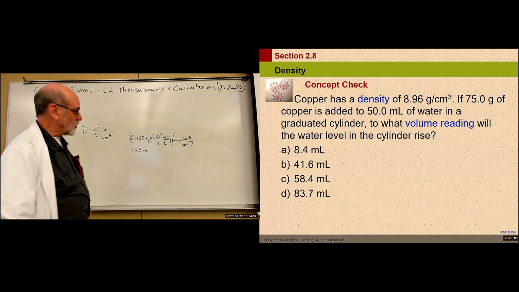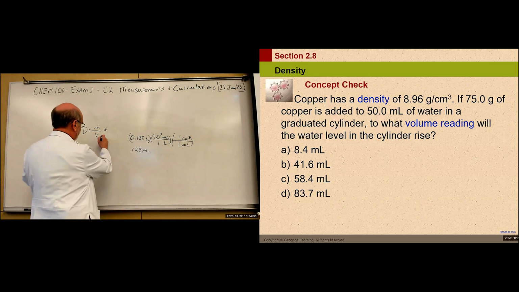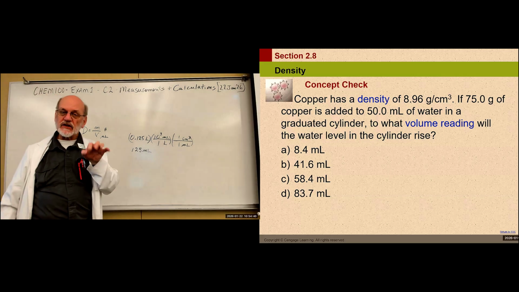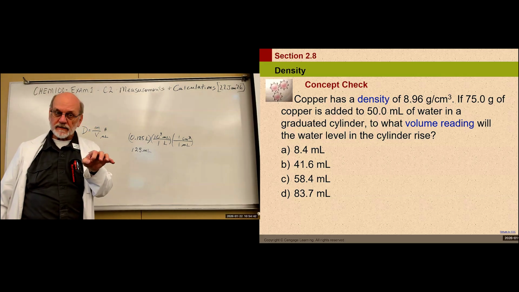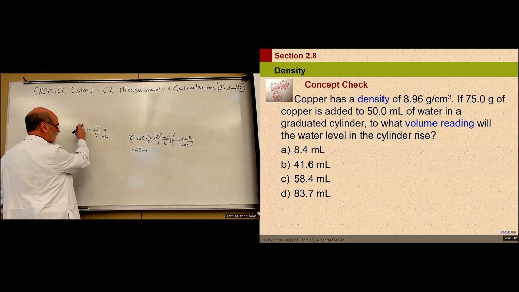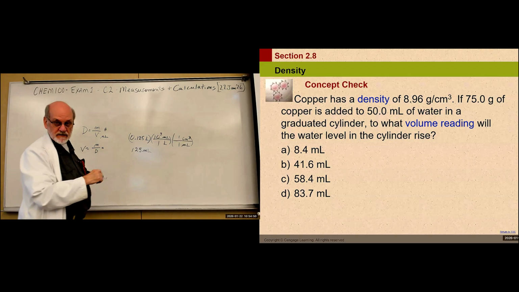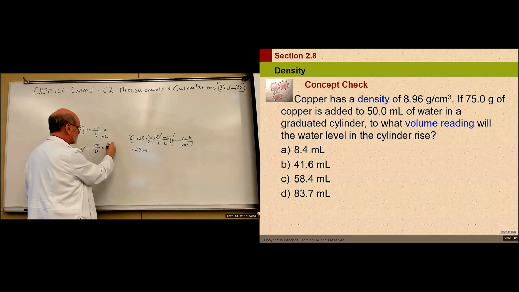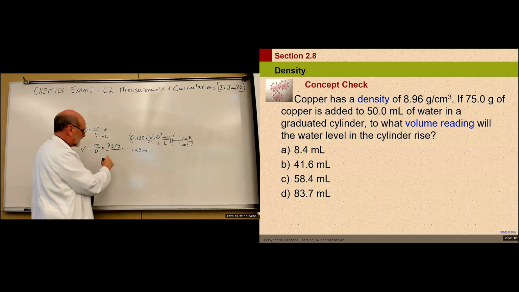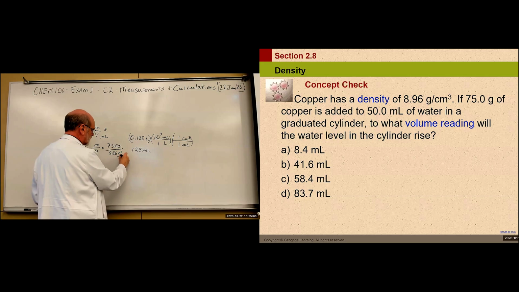Okay, so we're going to use this to find out the volume of the copper. The volume of the copper is mass divided by density, which is 75 grams divided by 8.96 grams per cubic centimeter.